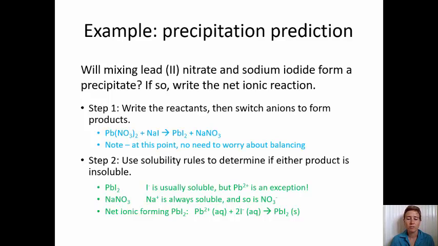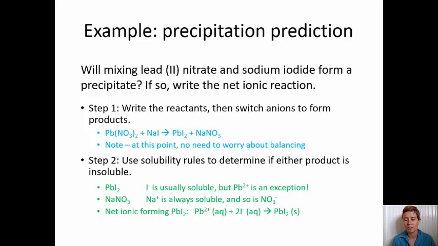So the net ionic reaction then is the 2 ions that form lead iodide. This is the point where you want to balance it, but it's relatively simple. Lead 2+ plus 2 iodides makes lead iodide. Make sure you're using the right thing, and make sure you do balance these things.